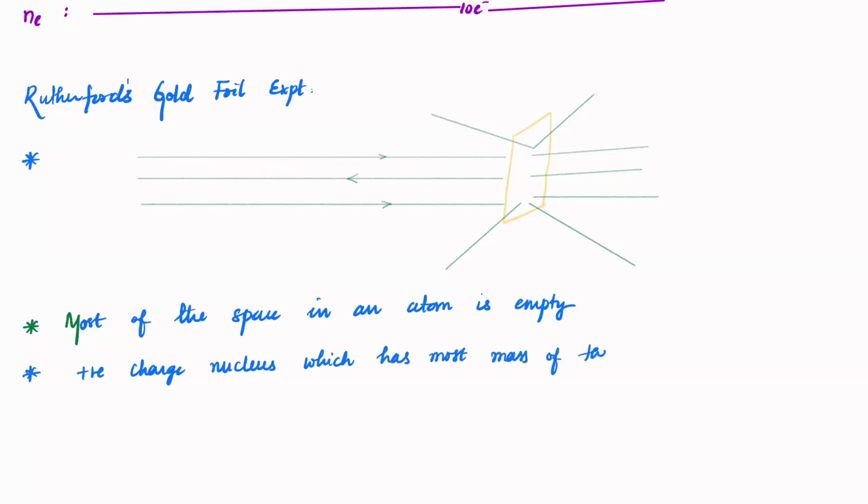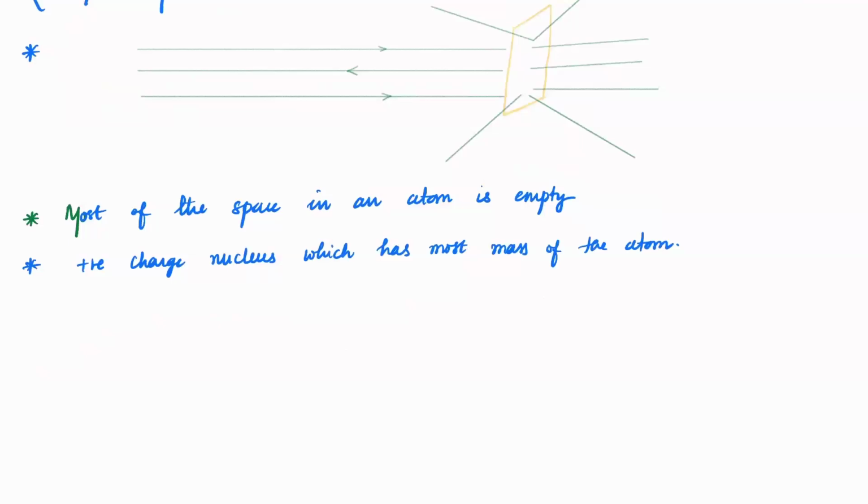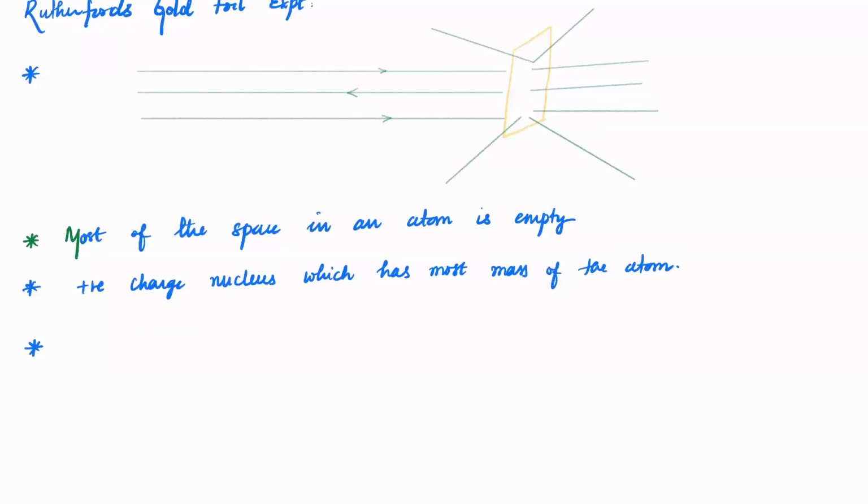So most of the mass of the atom is present in that positive charge. Next, we learned that rarely will any alpha particle deviate back, that means it will bounce back.